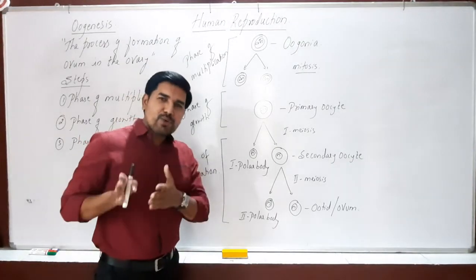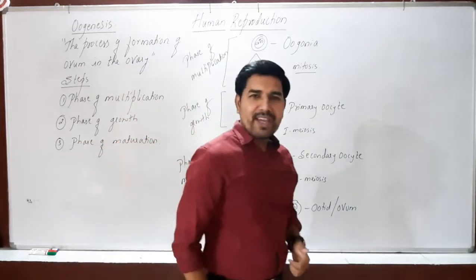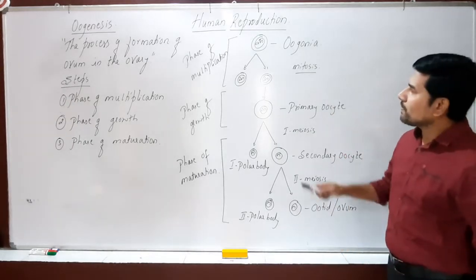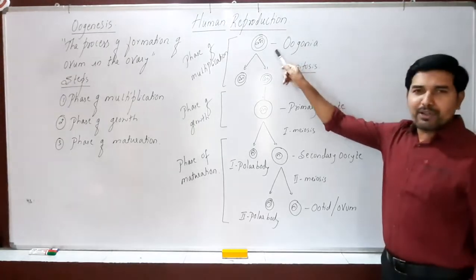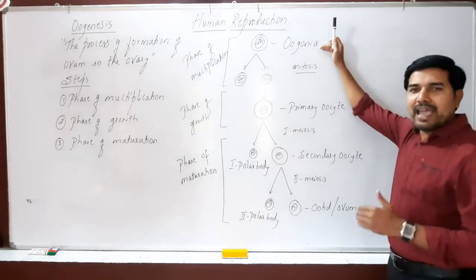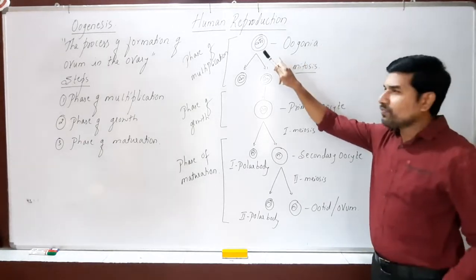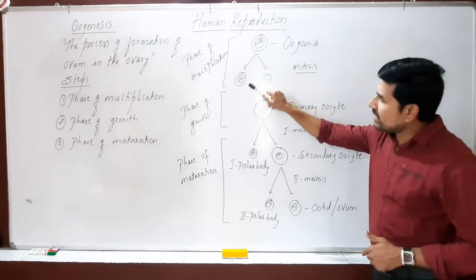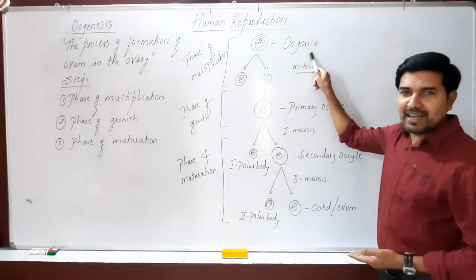Now with respect to spermatogenesis, what has happened there? We can see the same parts with a little difference in the process of oogenesis. Phase of multiplication means the oogonial cell, which we call a primordial germ cell, also called a gamete mother cell, which is diploid having 46 chromosomes, undergoes mitosis to produce many oogonial cells.